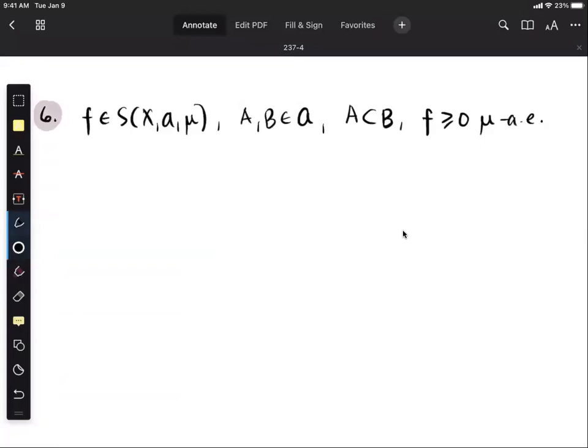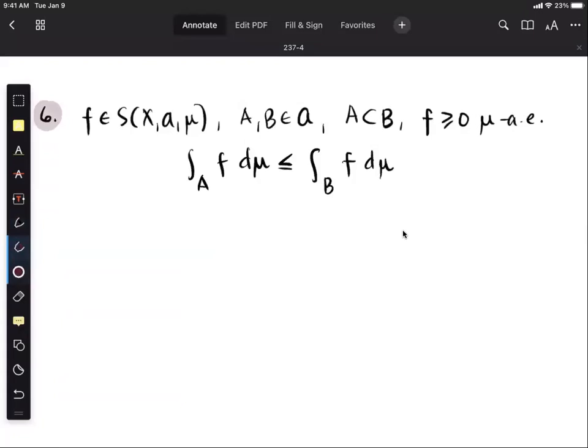So we have a non-negative simple function almost everywhere. This means that the set of points where f is negative has measure 0, or outer measure 0. Then the integral over the smaller set is less than or equal to the integral over the larger set.